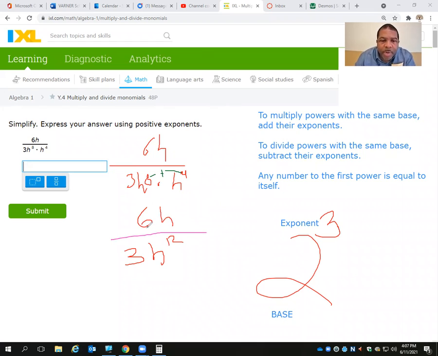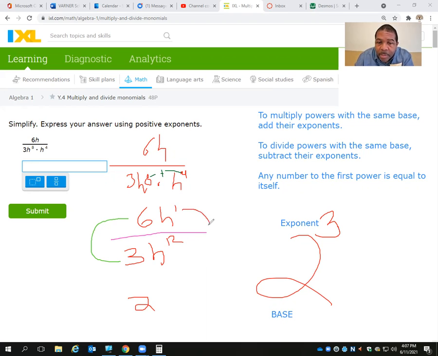Okay, so I'm going to divide 6 by 3, and that's going to give me 2. And I'm going to divide h1 by h12. The way we do that is by subtracting the exponents.